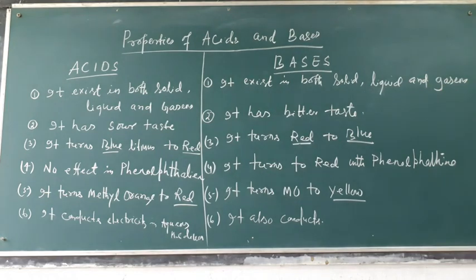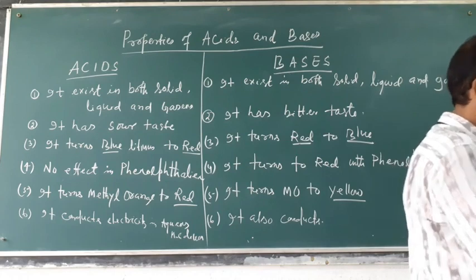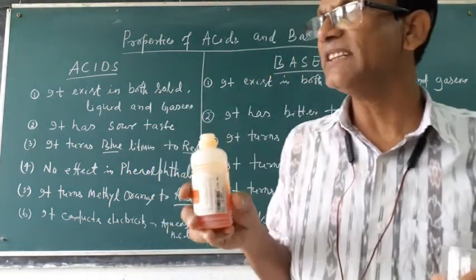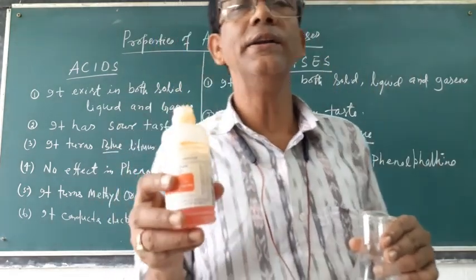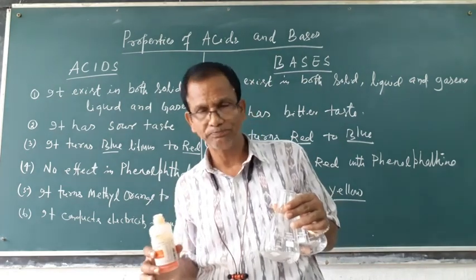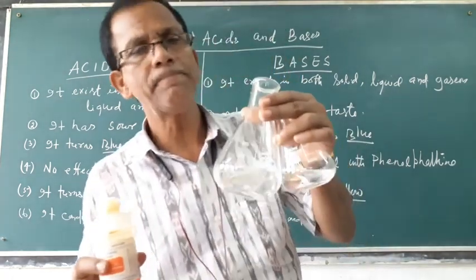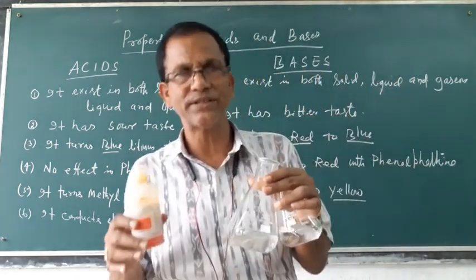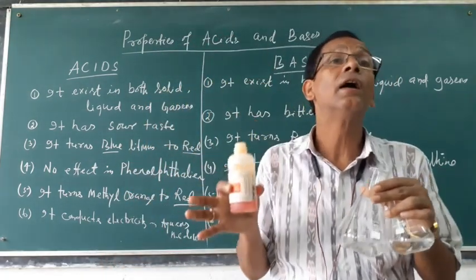Then another very important characteristic is methyl orange. It is also an indicator, a chemical which identifies acid and base by changing its color. Indicators are substances which identify the medium, whether acidic or basic, by changing color.